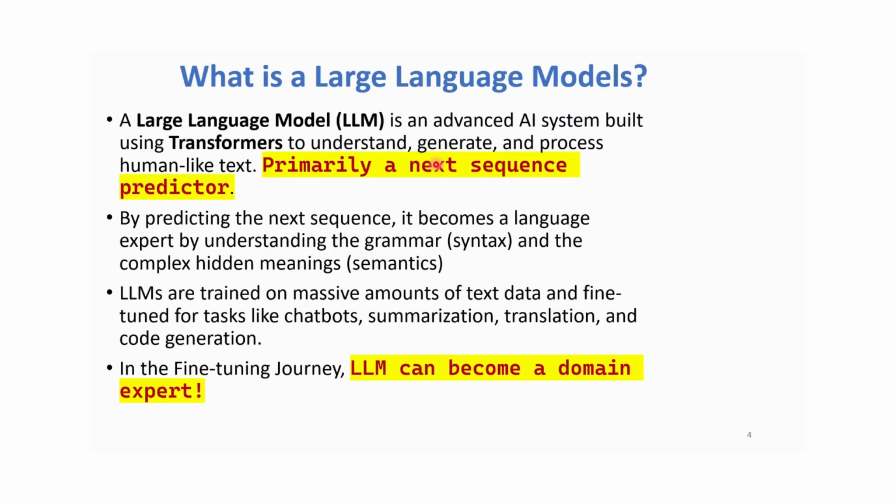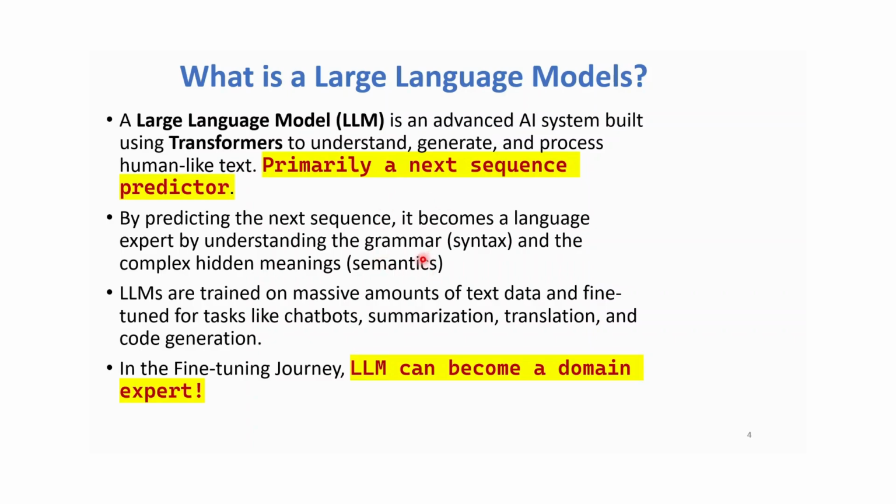All these large language models are primarily next sequence predictors. The sequence can be a word, as we see in Google, where it is a next word prediction. But in DeepSeek or ChatGPT or Gemini, the sequence is nothing but the set of sentences or the set of paragraphs that we see. Depending upon the capability of the large language model, the sequence will vary.